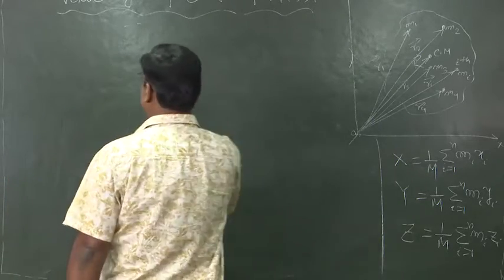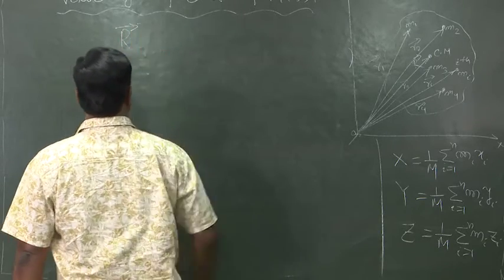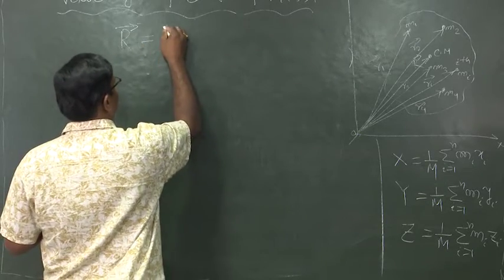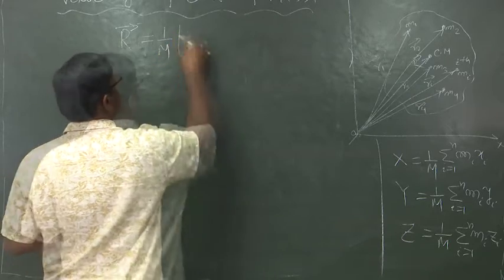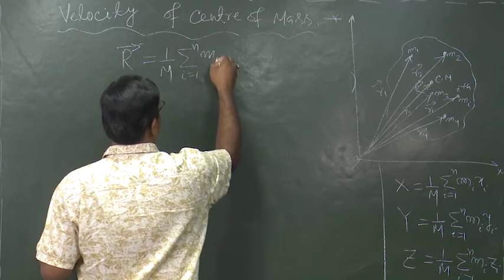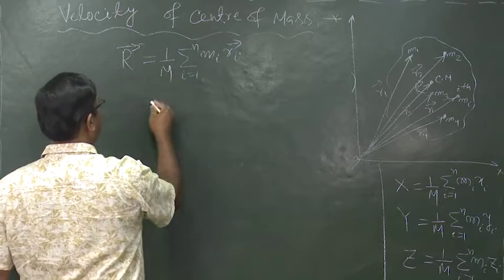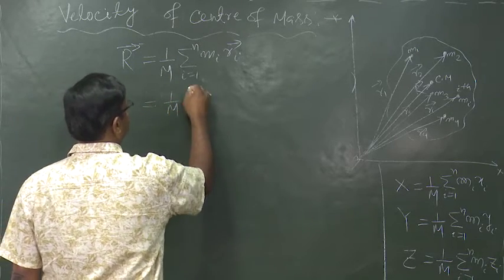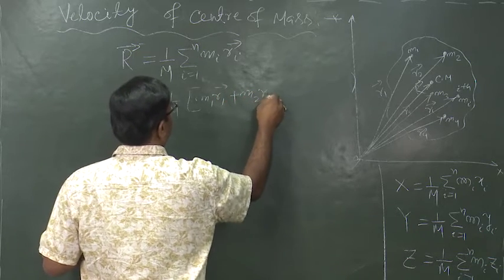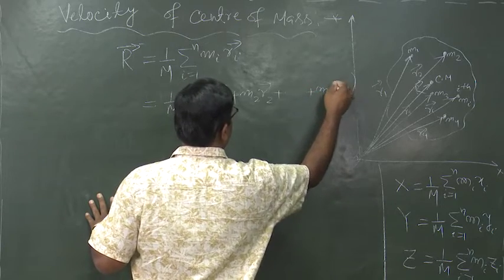So, what we know? We know that the position vector of the center of mass of a system of particles can be expressed as 1 by M sum over i is equal to 1 to n mi ri vector, and this can be expanded as m1 r1 vector plus m2 r2 vector plus up to mn rn vector.